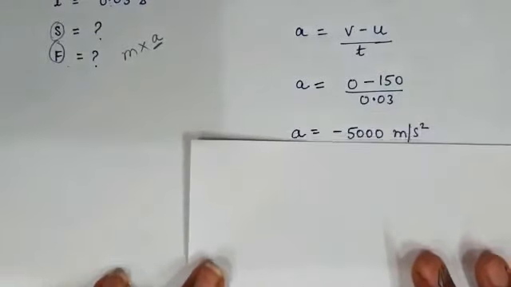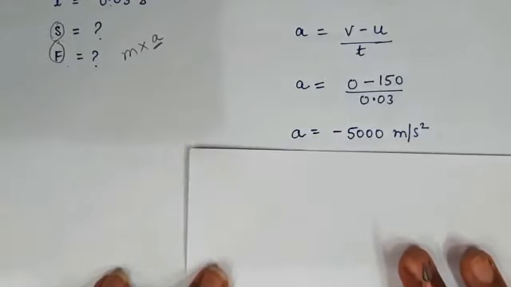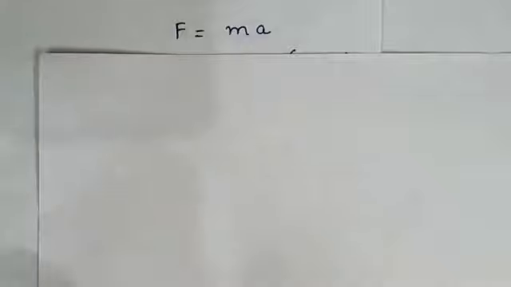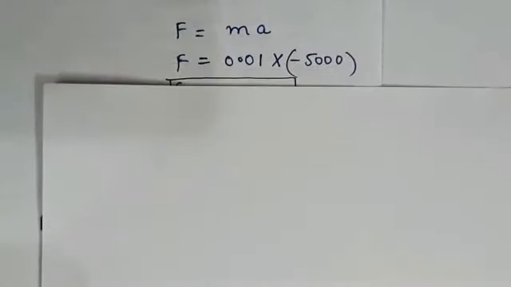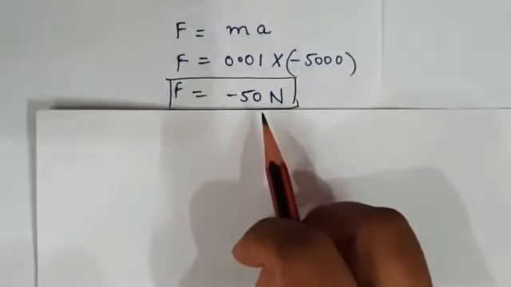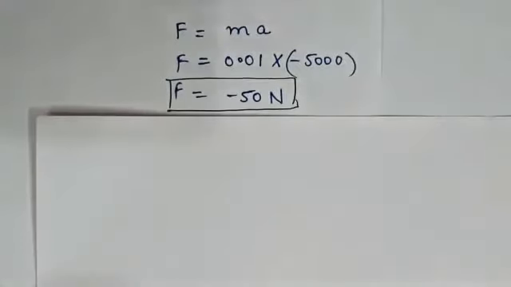Substitute the values. You will get your answer, minus 5000 meter per second square. Now acceleration you have calculated, so I calculate force also. Force is ma. Mass you know, 0.01, and acceleration you have calculated right now, minus 5000. Just simplify it and you will get your answer, minus 50 Newton. The force you have calculated.